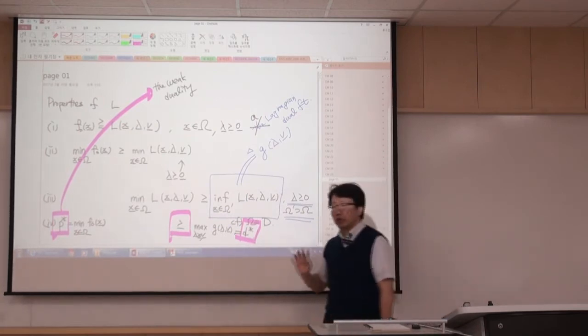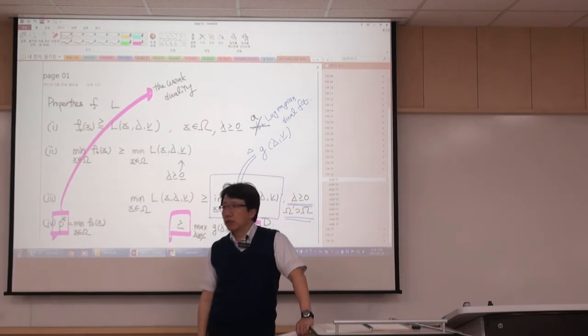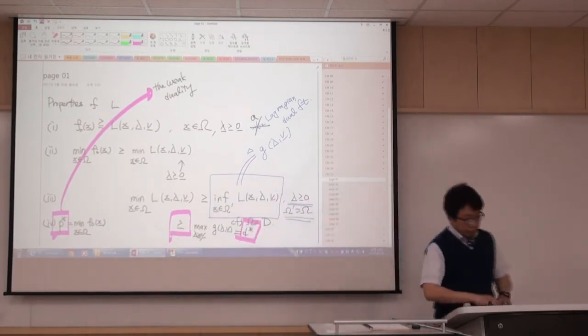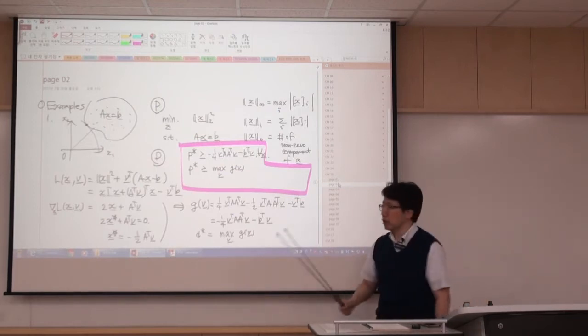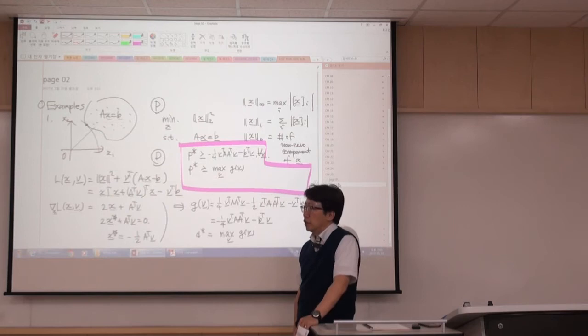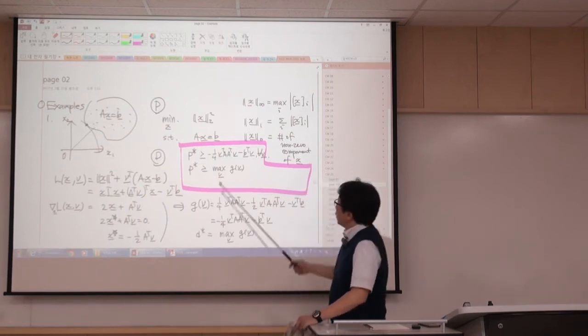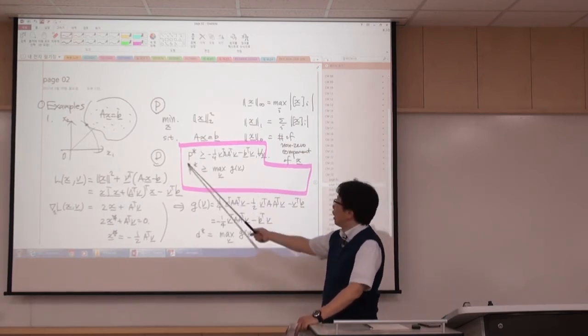We will see today the condition called Slater's condition, which is a sufficient condition for the strong duality to hold. But suppose you cannot maximize, but you have this one.